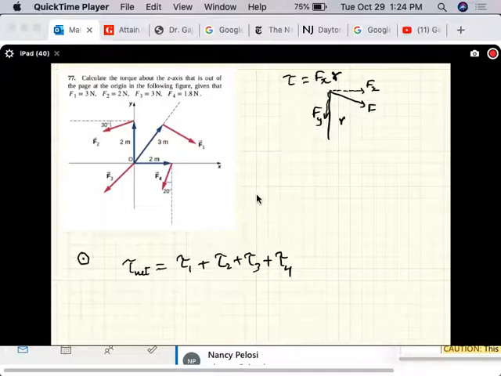For this one, this force is perpendicular to R. So torque 1, and that's a clockwise torque, so it's minus F1 times 3 meters. F1 is 3 newtons, so minus 3 newtons times 3 meters.